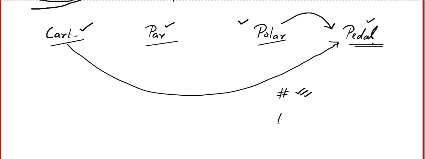And another type of question that they can ask is to convert a Cartesian equation into a pedal equation and a polar equation into a pedal equation. And that is exactly what we are going to do in the next 2-3 videos. Okay, so let's start with the formula. Anyway, the derivation is not in your syllabus, so let's start right away with the formula.